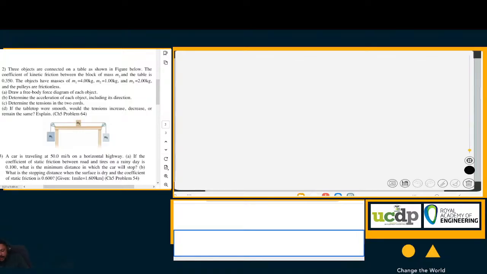Part A asks us to draw a free body force diagram of each object. So for each of those objects, draw a free body diagram.